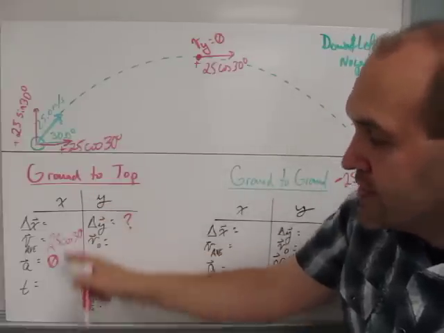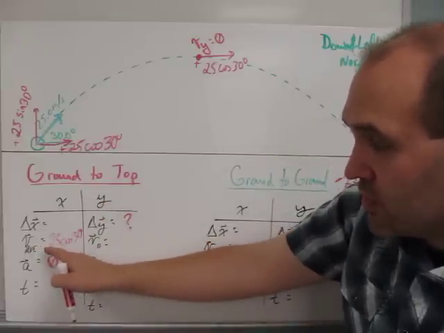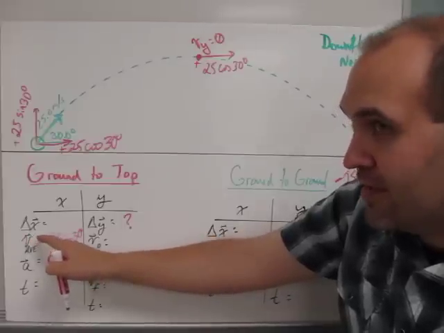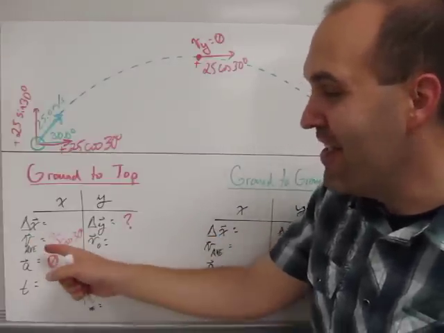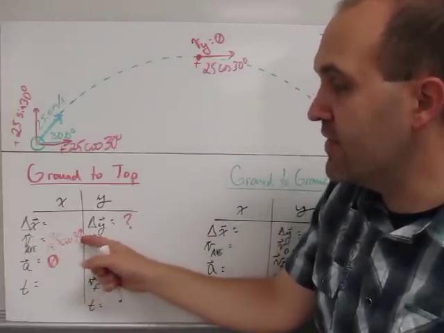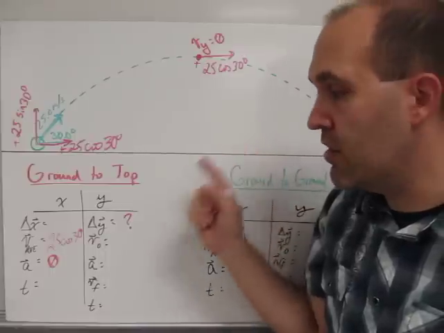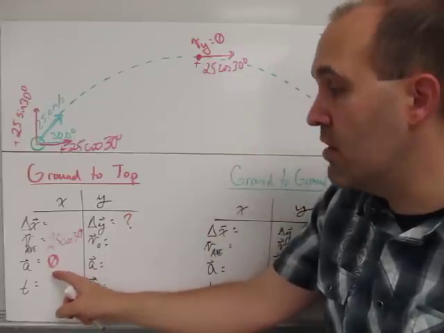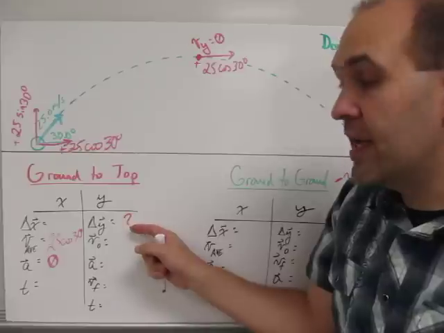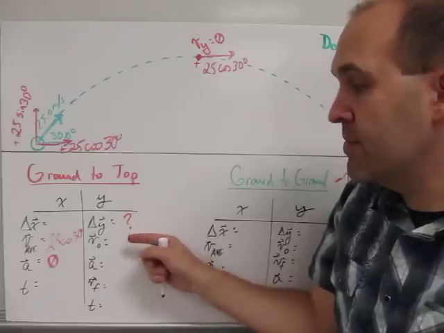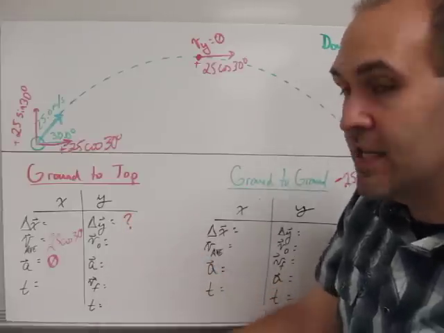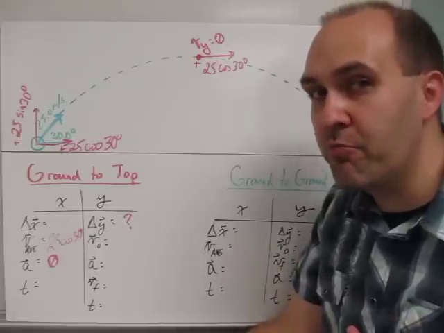So in the horizontal, I'm going to say that again and slow. The average horizontal speed is 25 cosine 30. It never changes all the way across because the acceleration horizontally is 0. In the vertical, we're looking for that delta y. We're looking for that maximum height. The initial vertical velocity is no longer 0. It was in all our previous work.